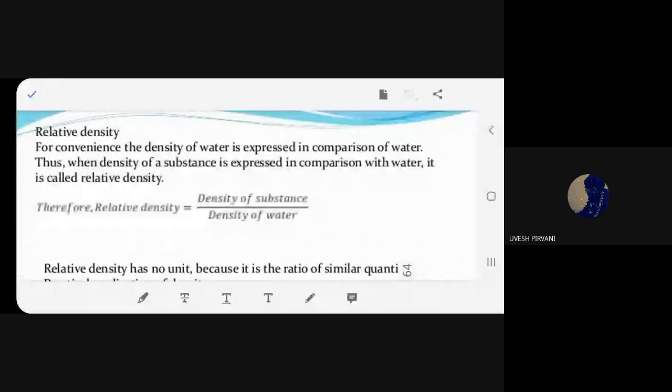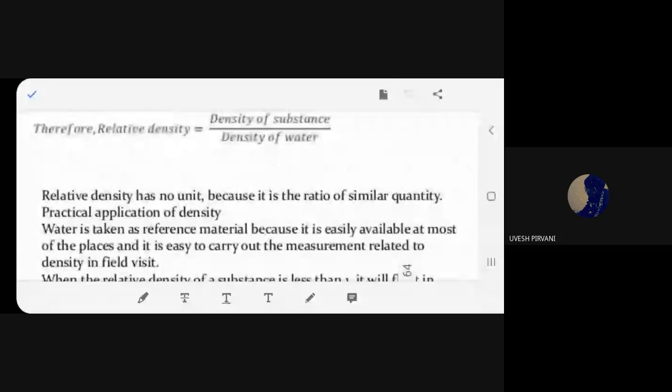What is the expression? Please read. Therefore, relative density is equal to density of substance divided by density of water.